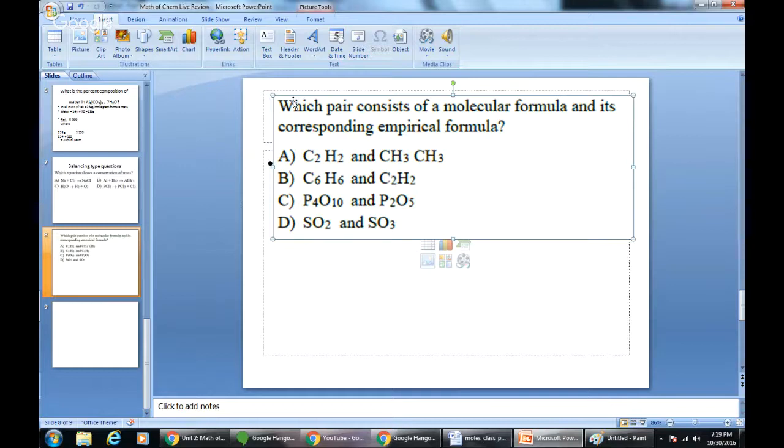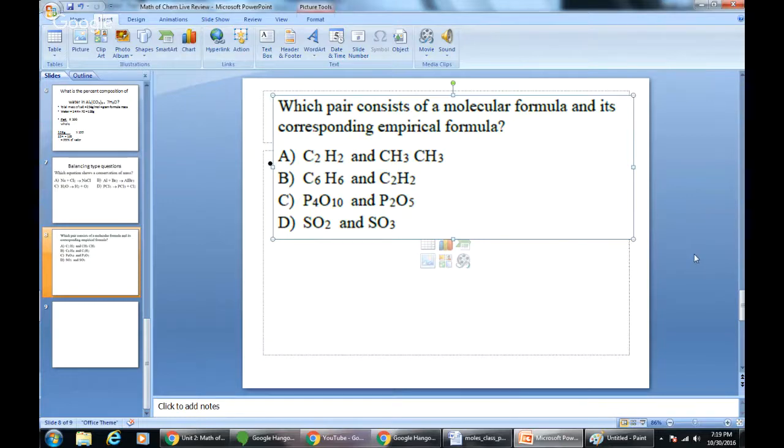So I think the answer choice is B. Now, I don't think it's going to be correct because it says a molecular formula and its corresponding empirical formula. Both of those can be reduced, so both of them are not empirical formulas. So it's not going to be answer choice B, even though it looks correct. That's a distractor.